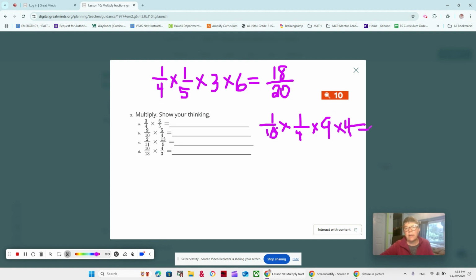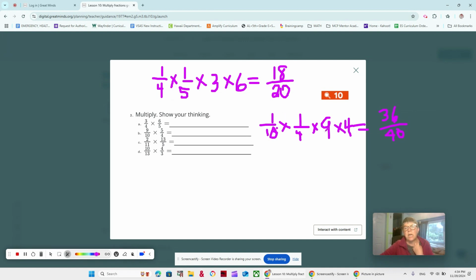And now 1/10 times 1/4 is 40ths. 9 times 4 is 36. So 36/40, right? Once again, very close to 1. 36 out of 40. There's only 4 more 40ths to get to 1.